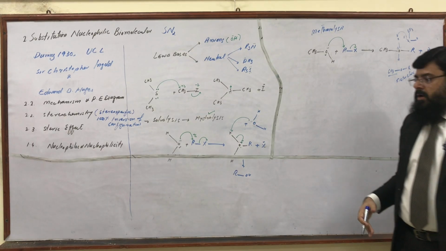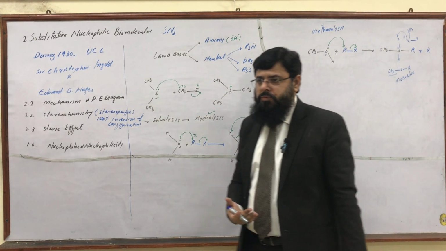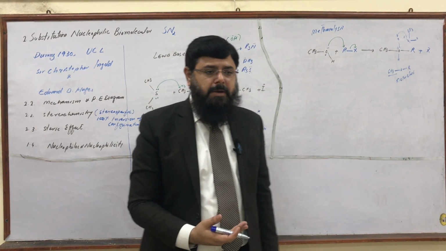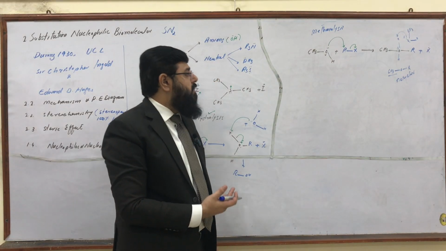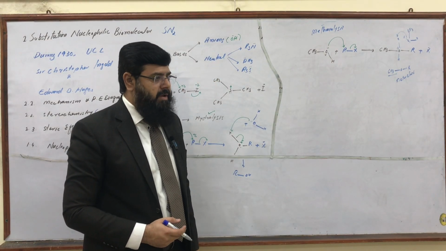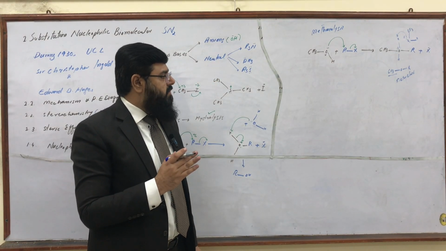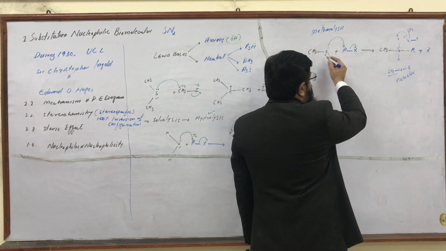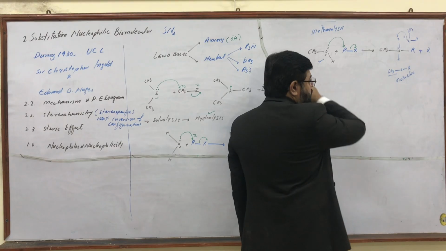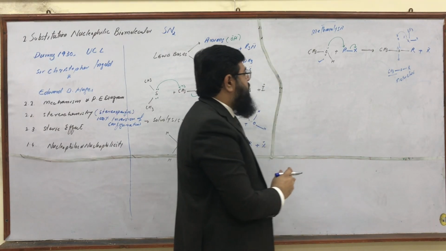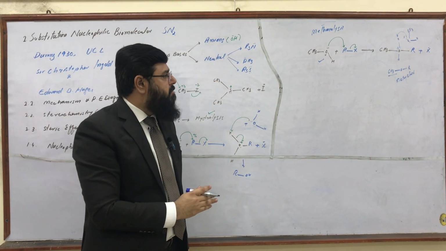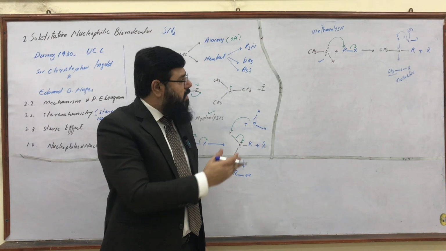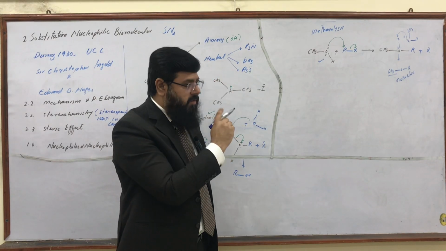So simply I can pose a question to you: how can we prepare methyl ethers by SN2 reaction mechanism? When I specify how can you prepare methyl ethers, you will directly go to this kind of reaction. You will write that methyl ethers can be prepared by methanolysis and you can write this reaction.